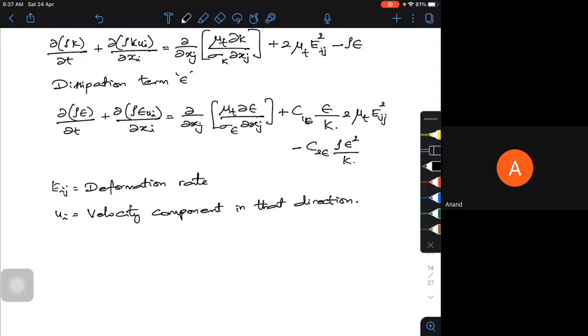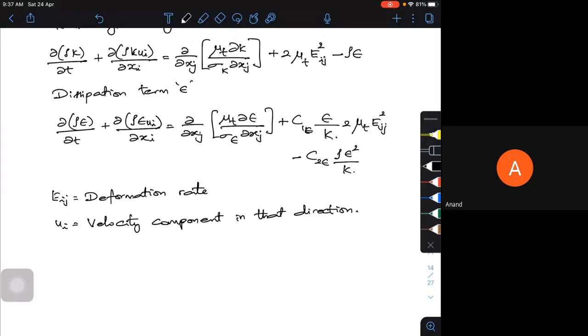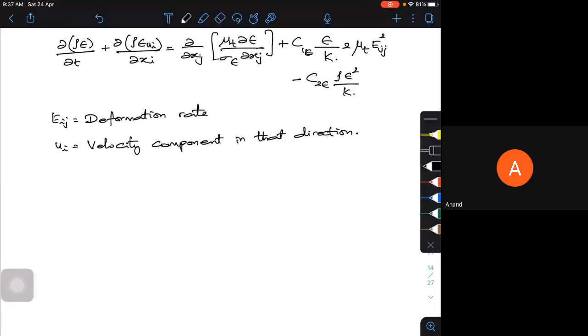Okay, and you have different constants. C_mu, sigma_k, all these constants have been obtained actually. So if I take C_mu, the C_mu is found to be around 0.09. Your sigma_k is found to be 1.0. Your sigma_epsilon is found to be 1.3. C_1ε is found to be 1.44.